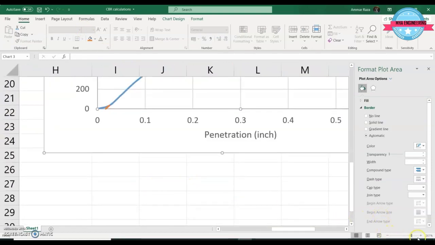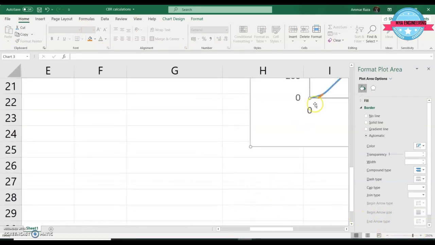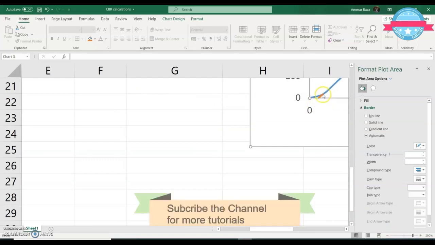You can see now that a tangent has extended from this point where the slope was the greatest in the concave of the curve, and it's touched down to 0 over here.